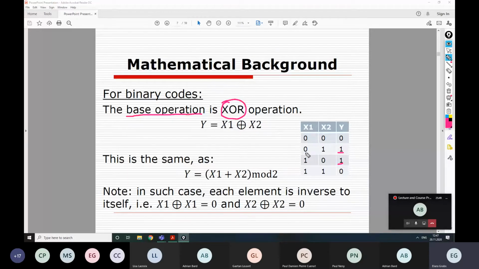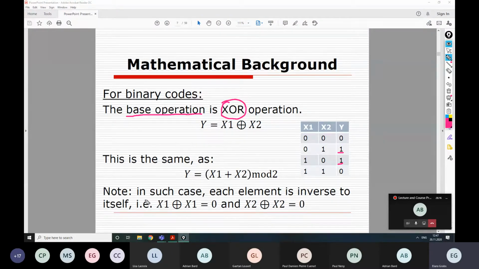We are talking about binary codes, so our numbers can only be 1 or 0. If these elements are different, the result is 1. If the elements are equal, 0 and 0 or 1 and 1, then the output of the XOR operation is 0. We will use this XOR operation as our base operation in these codes.